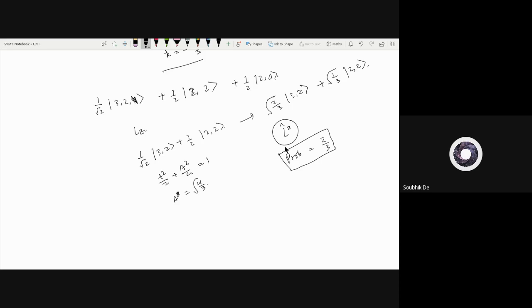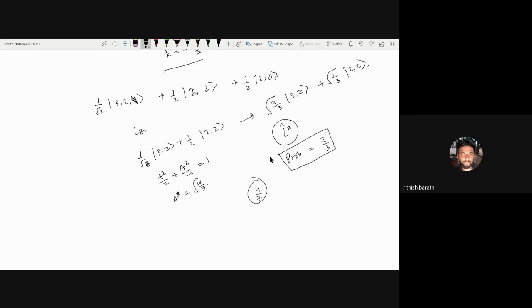Yes. Okay, so maybe what I did was I initially wrote it like this. When I wrote the state, I wrote it as 1 by root 2, but when I was working out the answers, I thought I had this as 1 by root 3. If this is 1 by root 3, then it will become 4 by 7.